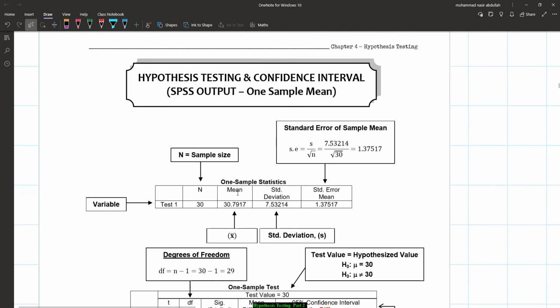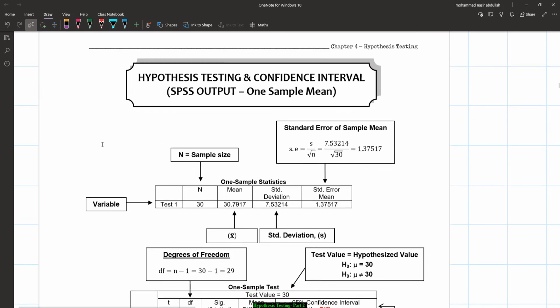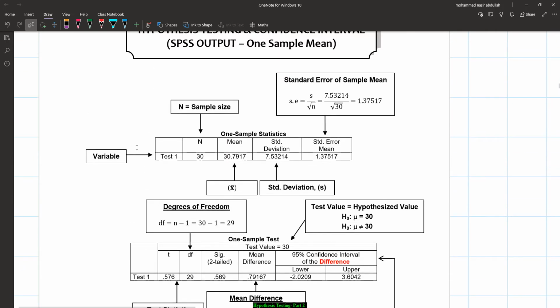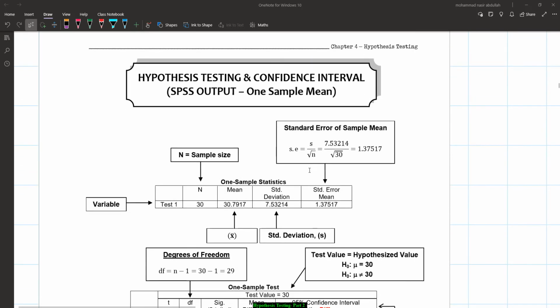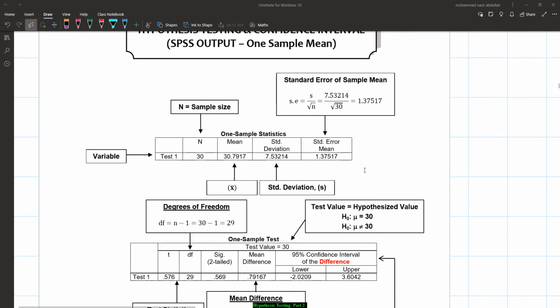So now let's look at hypothesis testing by SPSS. Right. So hypothesis testing and confidence interval, SPSS output. So basically this is the same output as we looked at in chapter number 3, the same thing.